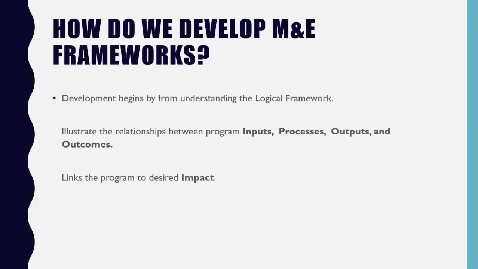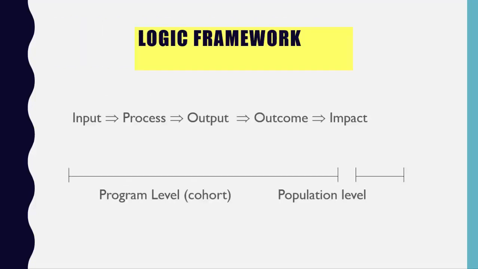So this is, maybe before I go to show you how the M&E framework looks like, and I got this from the UNDP M&E handbook. But before I go there, just so that you fully understand what I'm talking about when I say logical framework, we are talking about this, okay?